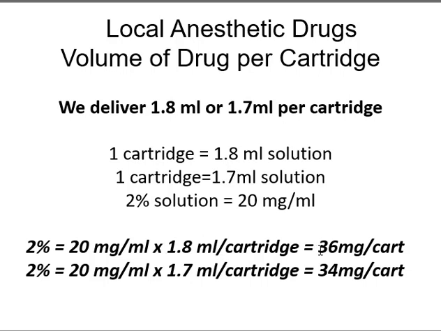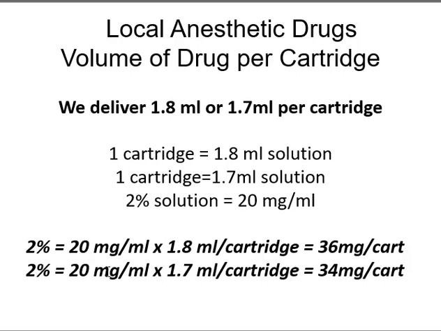And what you get is 36 milligrams per cartridge. So when we have 20 milligrams in 1 milliliter and 1.8 milliliters, that gives us 36 milligrams of lidocaine in one 1.8 milliliter cartridge.